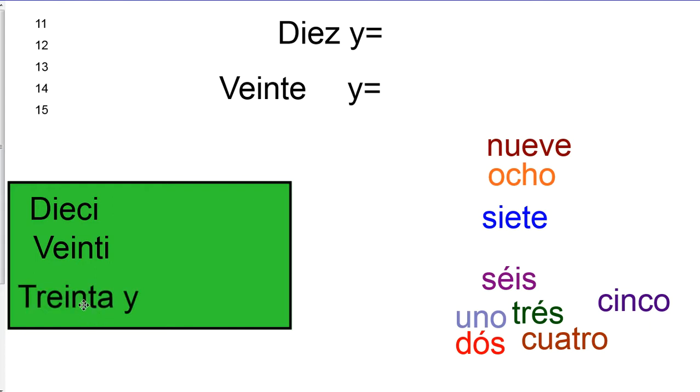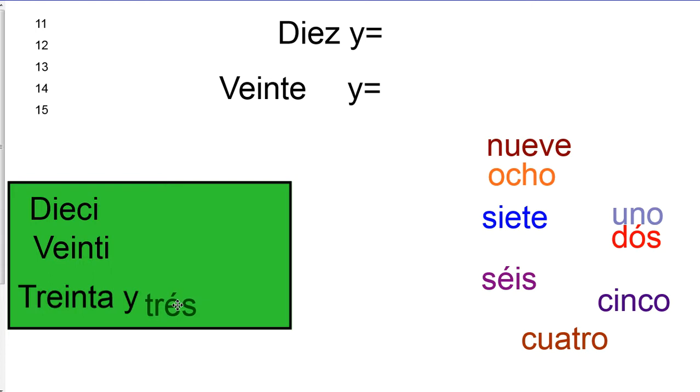And from this part on, treinta y is, we're just going to put in normal numbers, like treinta y uno. Treinta y dos, but dos doesn't normally have an accent. That's why when you put it right here, it disappears. Treinta y dos. When it's 22, yeah, there's an accent. But when it's 32, there's not an accent anymore. Same thing with 33. Accent disappears. But when it's 23, there's an accent.